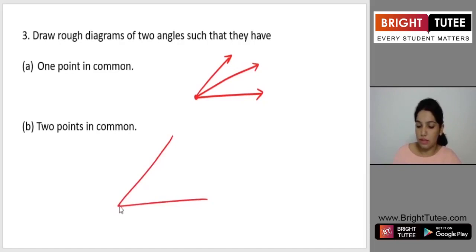Say this is the angle, and I need to draw two common points.